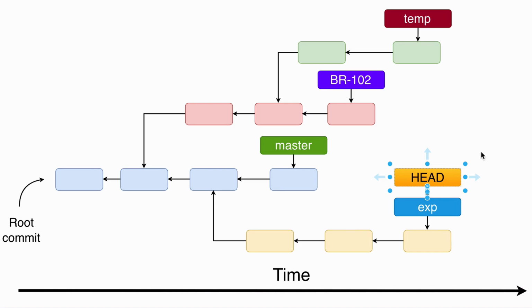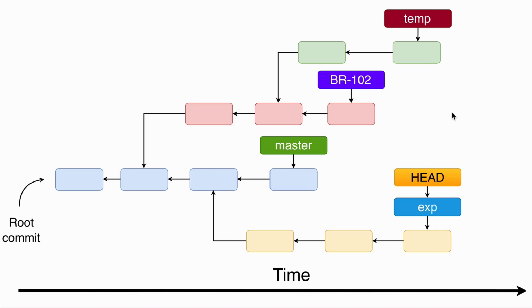That's why in most cases head is a reference to a specific branch, not a commit. And again, you can pretty easily change branches by using the git checkout command, and after git checkout simply type the name of the branch you want to check out.